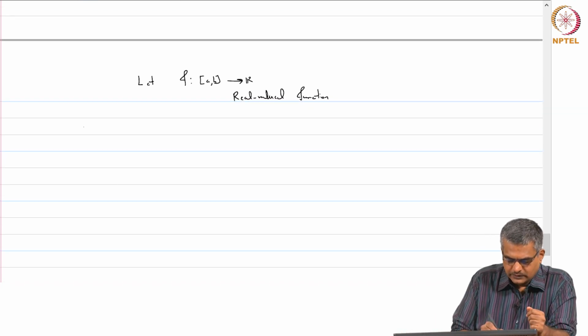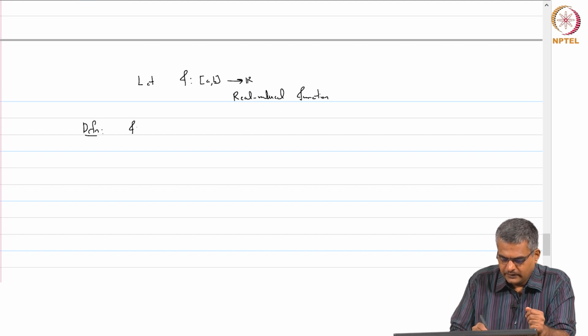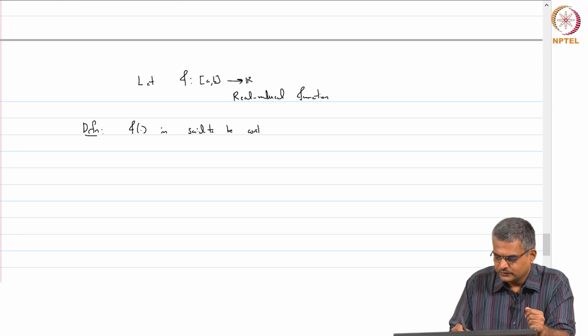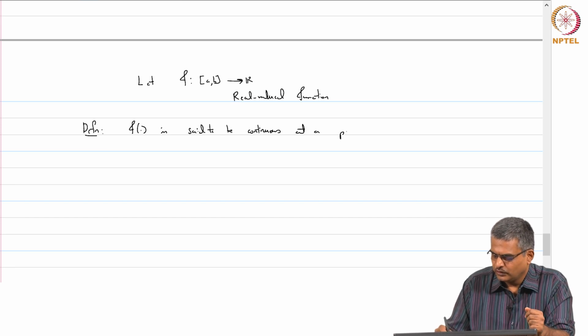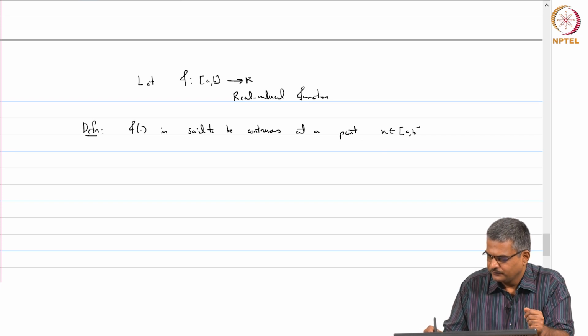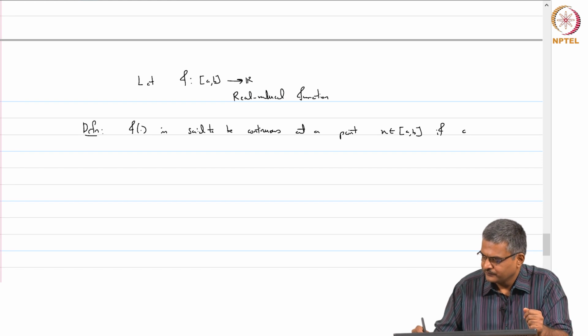So, definition: f is said to be continuous at a point if, given any epsilon greater than 0.